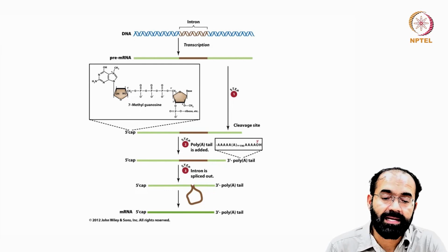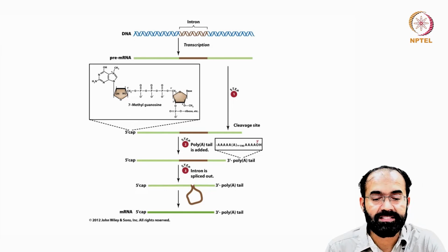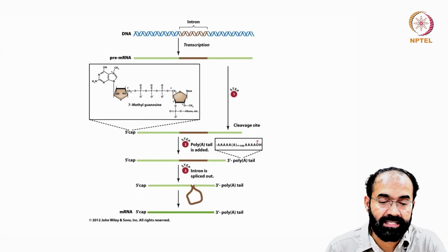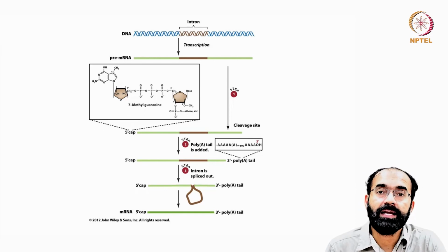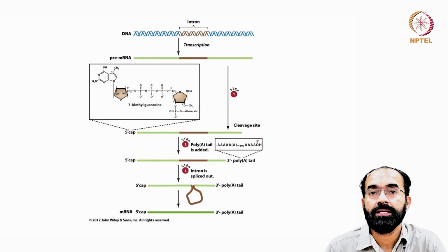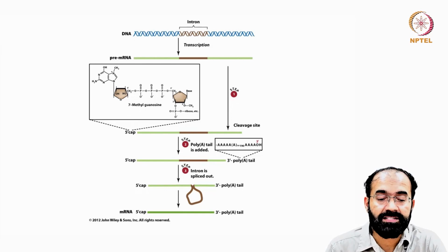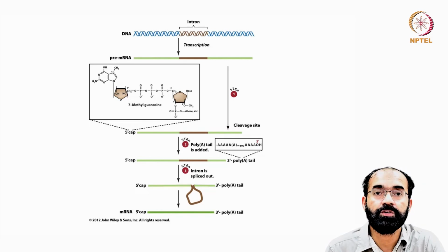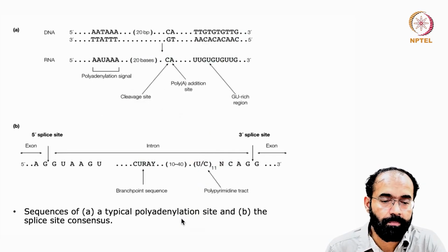You have a cleavage site for the nuclease, and then a poly A tail is added. This 5' capped RNA undergoes splicing, and the spliced RNA, which has the cap and also the poly A tail, is now ready to be exported to the cytoplasm.